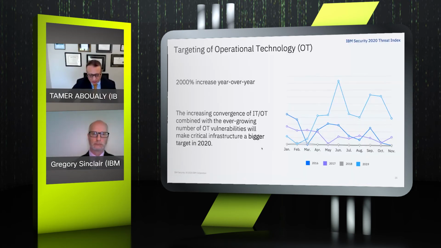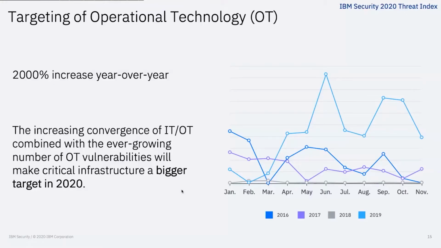Drilling down into OT and understanding why and how it's occurred over the years, you can see from 2016 to 2019 on the chart on the right that there has been an ongoing increase. And the increase is really a result of the convergence of IT, OT, and IoT, the Internet of Things, and the number of vulnerabilities now taking place in those infrastructures as a result of the ongoing convergence.